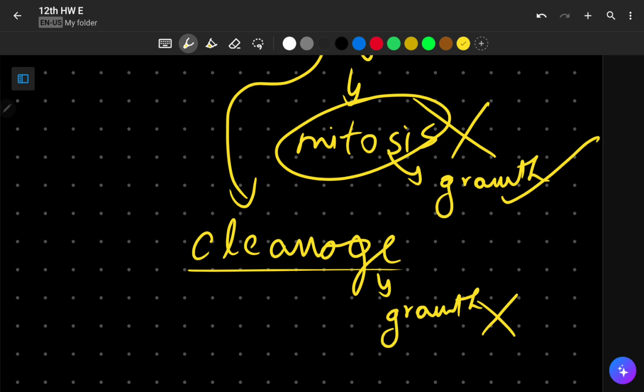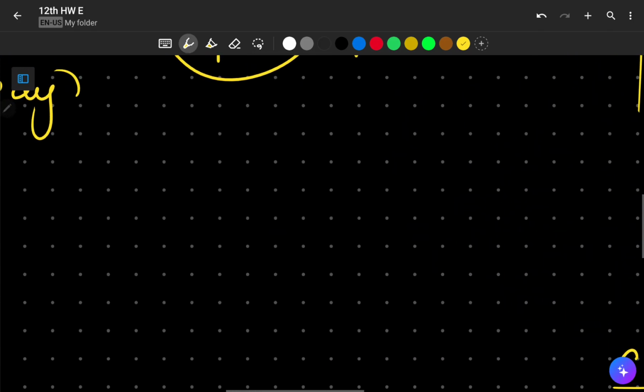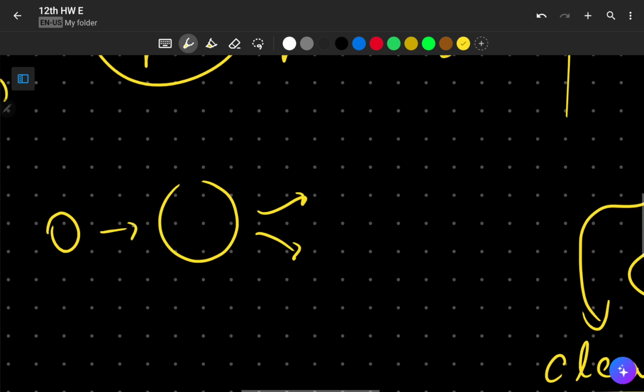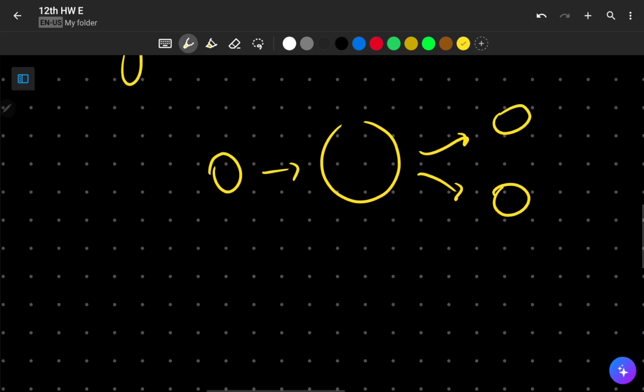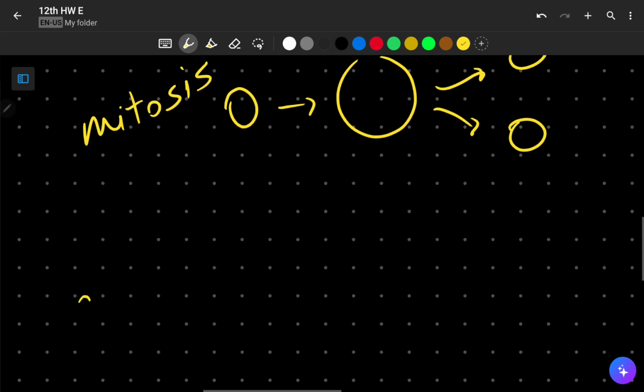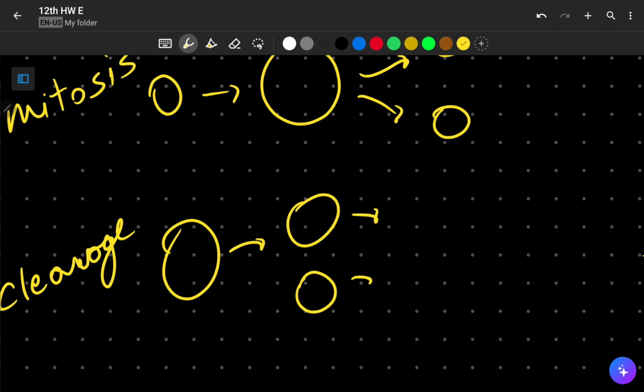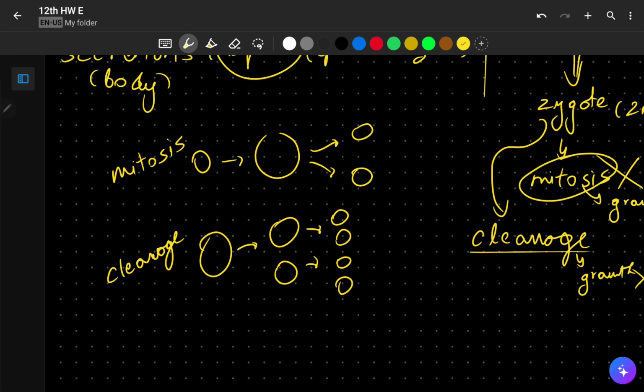For mitosis, if a cell looks like this, it will grow to a nice size, and then it will divide into its original size, which is basically this and this. But in the case of cleavage, we basically have this, which divides into smaller parts, which divides into more smaller parts, because they just don't have time for growth. So that's the difference between cleavage and mitosis.